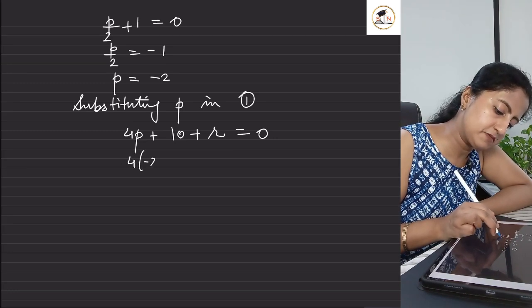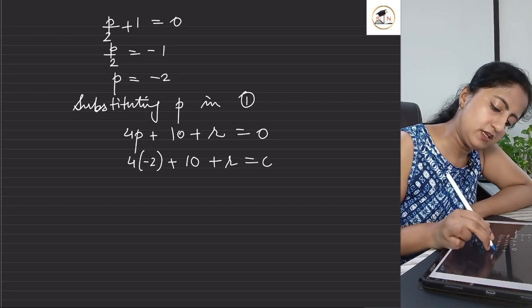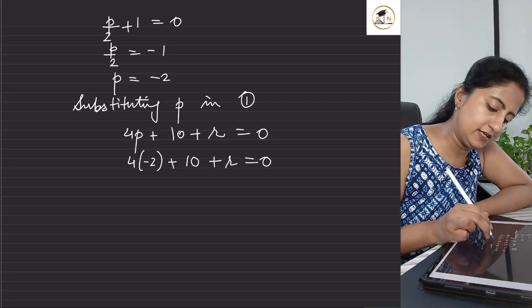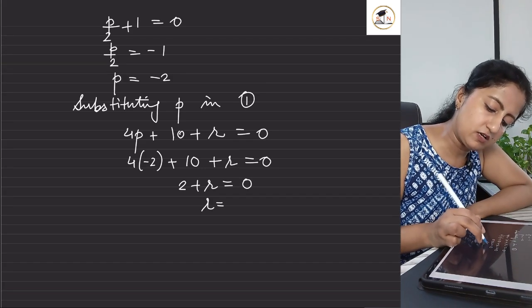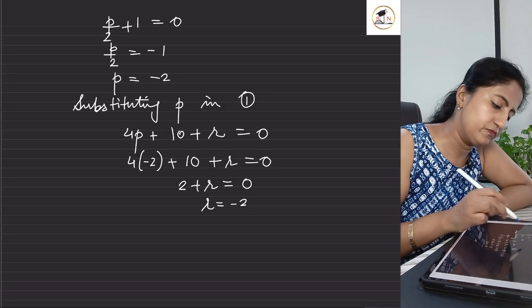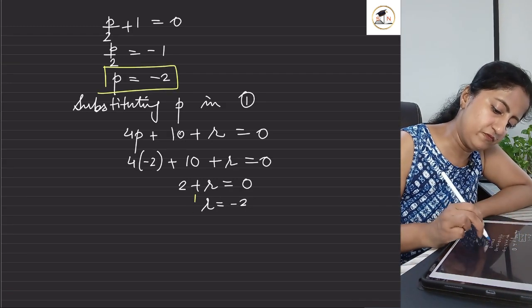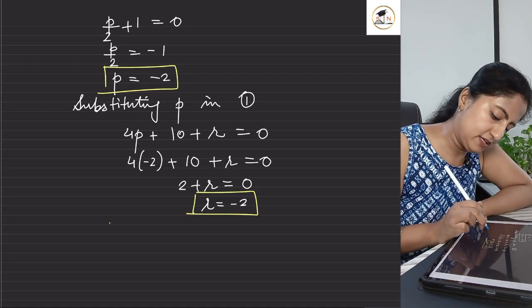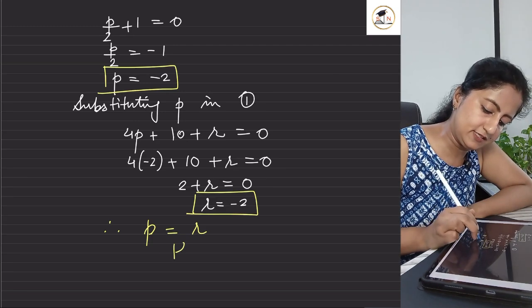I get 4 times minus 2 plus 10 plus r equals 0. We get minus 8. Minus 8 plus 10 gives me 2 plus r equals 0. And r also comes out to be negative 2. So the value of p is negative 2 and r is also negative 2. That means we can conclude that p equals r, hence proved.